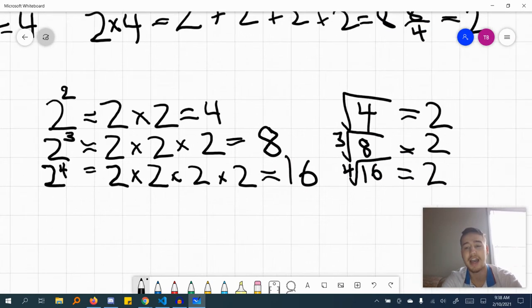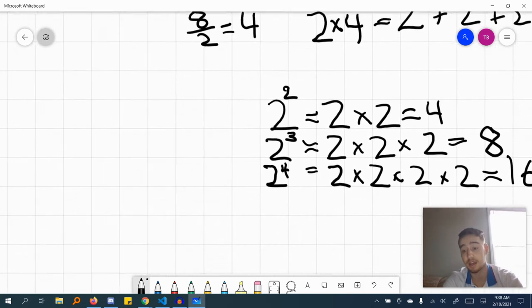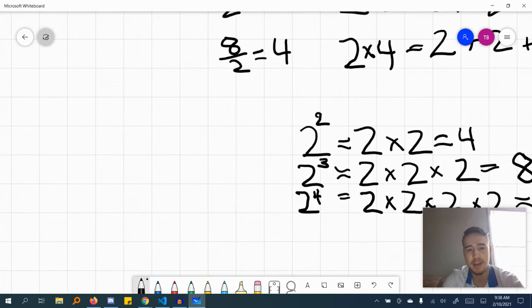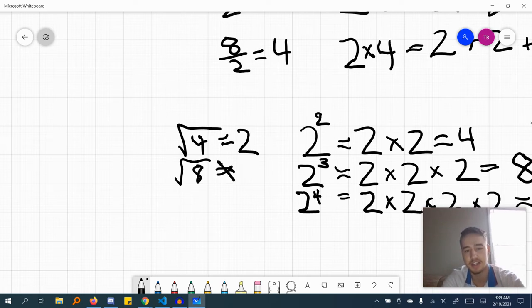But I can't do the exact same thing when it comes to the exponents. Sure, the square root of 4 is still 2, but the square root of 8 is not 4. The square root of 8 is actually a really inconvenient number that looks like 2.828 something.